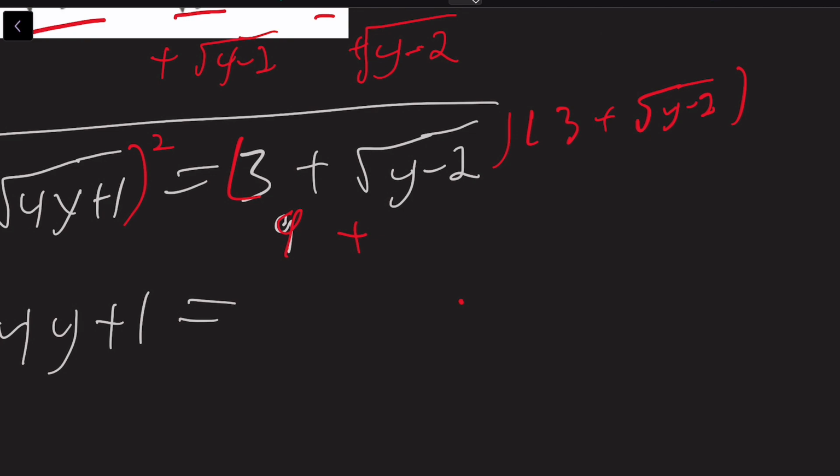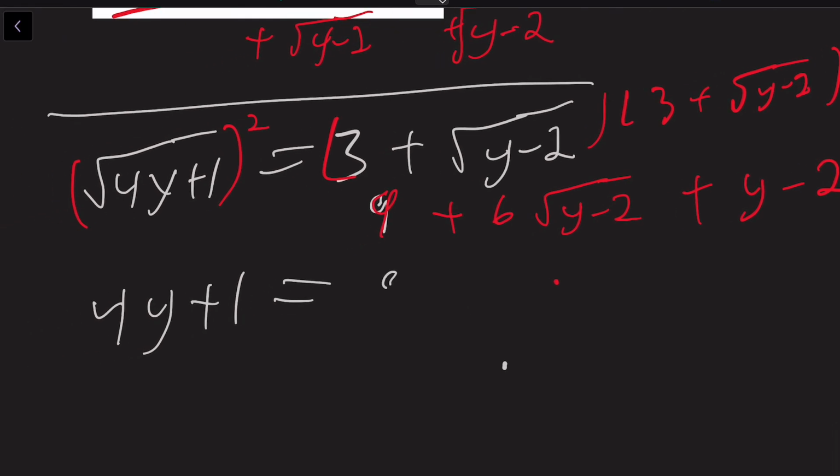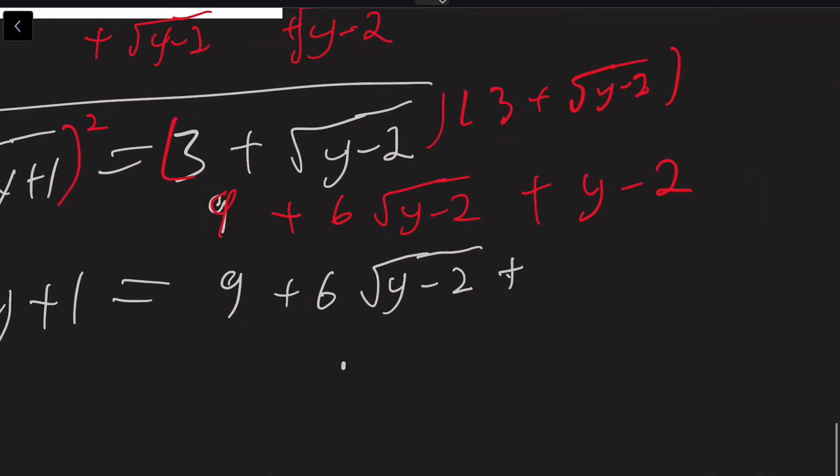And that's just going to leave us with a 6 square root of y minus 2 plus the square root of y minus 2 times the square root of y minus 2 is just going to leave us a y minus 2. So then our answer down here is 9 plus 6 square root of y minus 2 plus y minus 2.